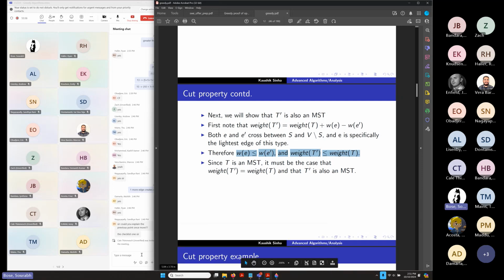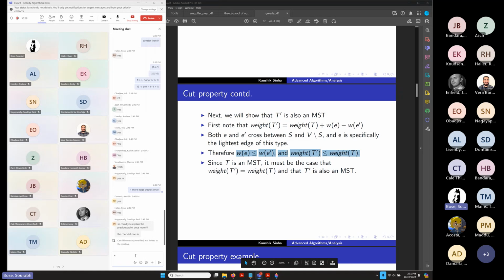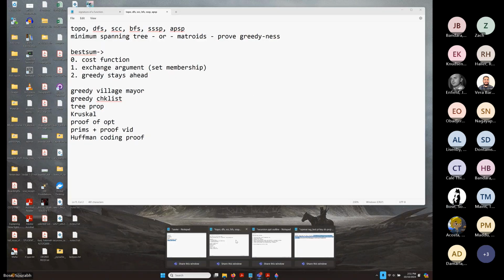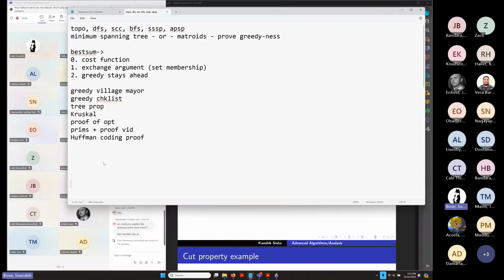Remember that E prime is already in the current MST.